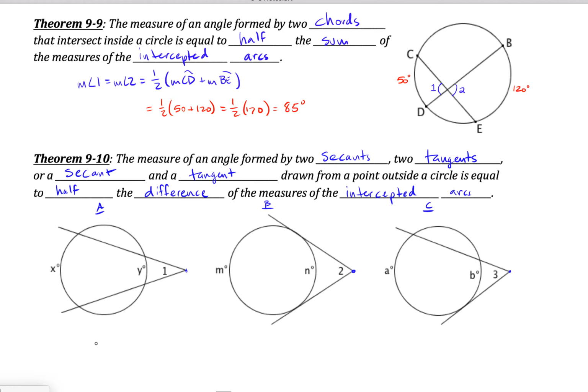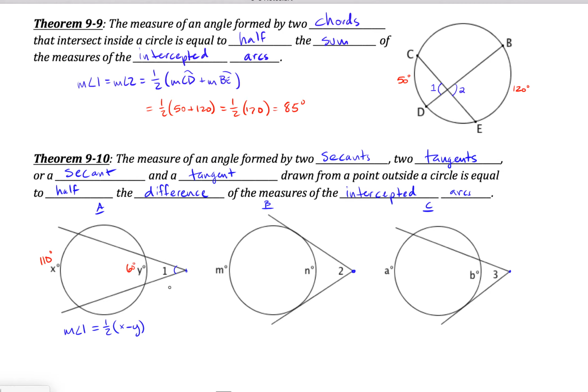Well, for diagram A here, we would be able to say that the measure of angle 1 would be half of the difference, meaning we're going to subtract the two intercepted arcs. So we would take x degrees minus y degrees, subtract those and then take half of that difference, and that's going to be the measure of angle 1. If we wanted to put some numbers on this, let's imagine arc x here to be 110 degrees, and let's say arc y here is 60 degrees.